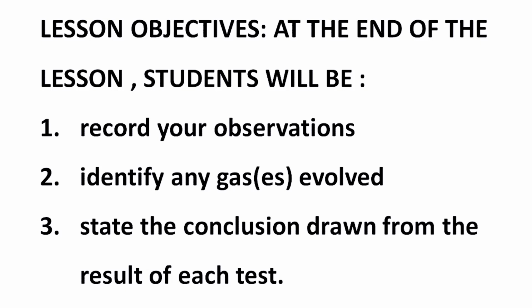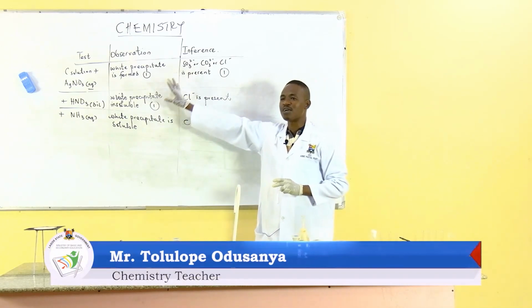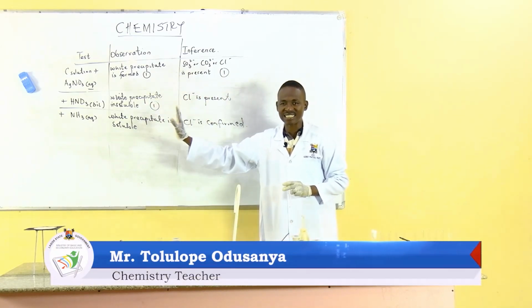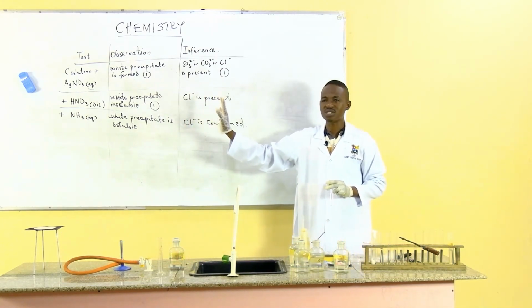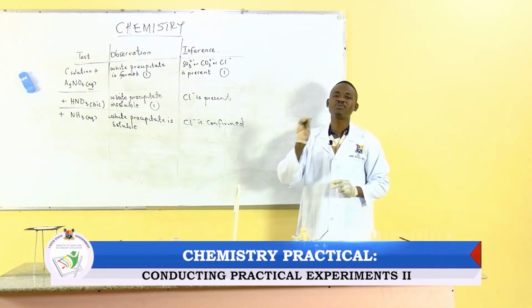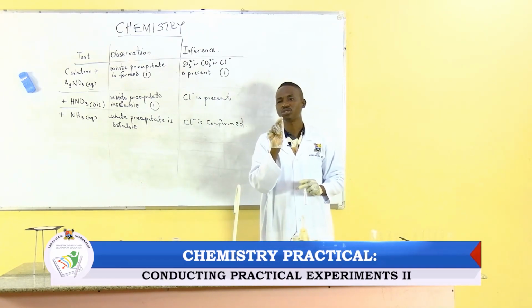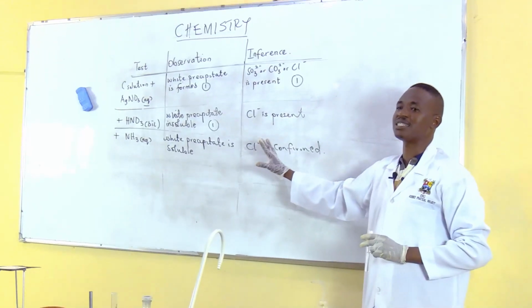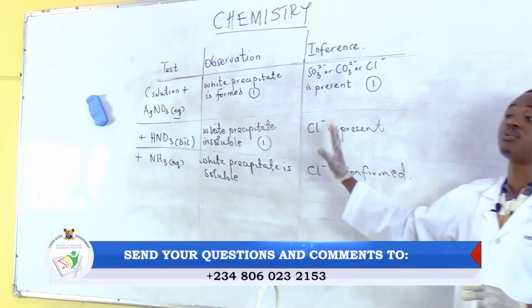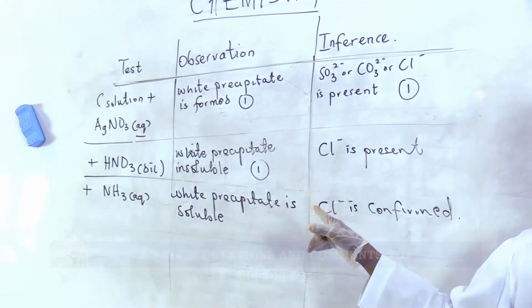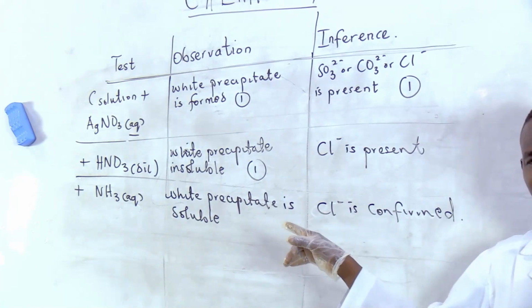Identify any gas or gases involved. So the gas we're able to identify from this experiment is alkaline gas. So we call it what? Ammonia gas. And lastly, we must be able to state the conclusion drawn from the results of each test. So from this particular test, we were able to identify ammonia gas and the chloride ion.